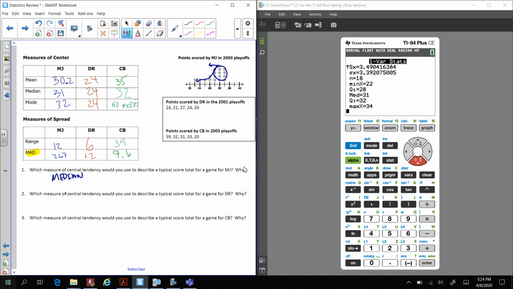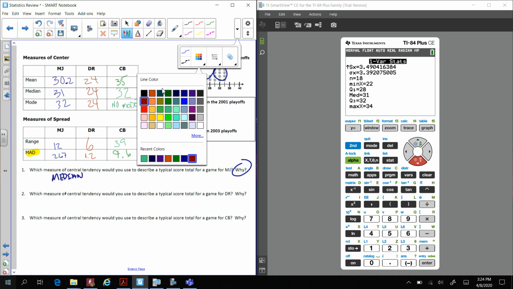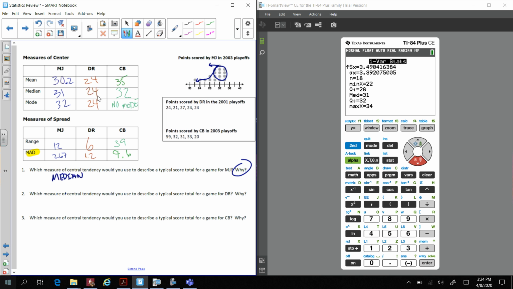So remember, this is a big question in why. Right, so we'll talk about David Robinson. Looking at David Robinson, you can tell, hey, they're all the same. It doesn't really matter. You can use any of those central tendencies, and I think you can come up with a reason why. There's no real outlier, right? Everything's really close, very consistent. So they're all the same number. Pick any of them.